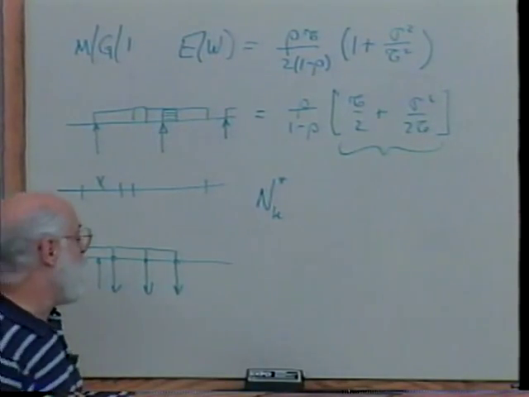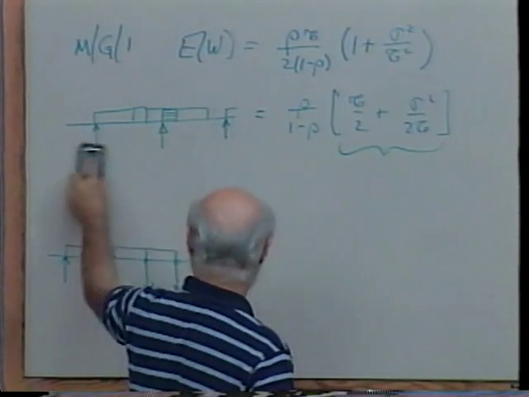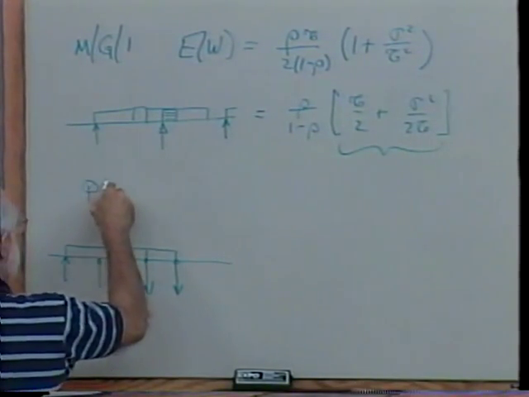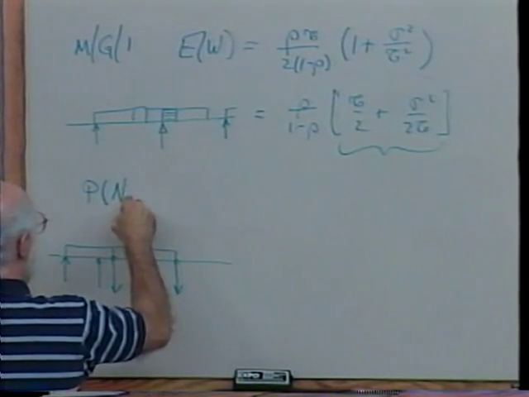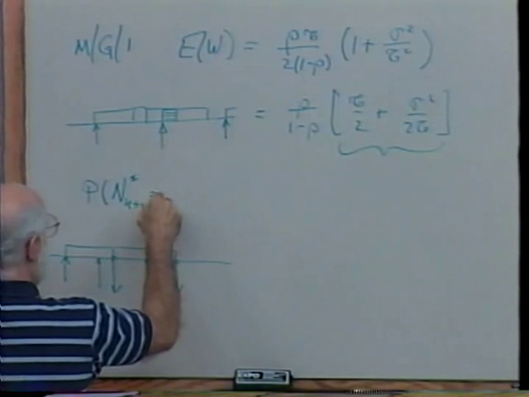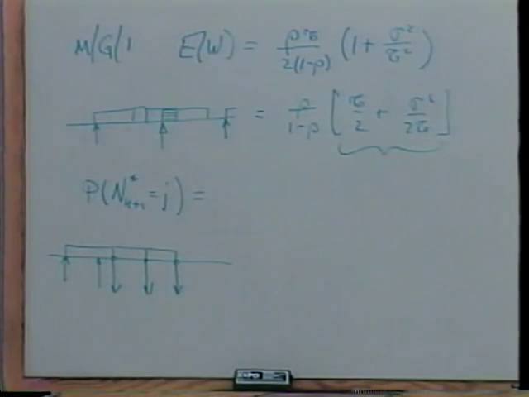And now from that, I can easily write down a formula using the theorem of total probability. I could say, what's the probability that the kth plus first departing customer leaves the system in state J? And I'll just use the theorem of total probability to condition on the number left behind by the previous customer.